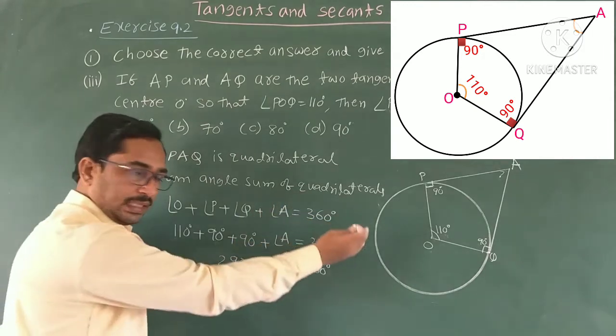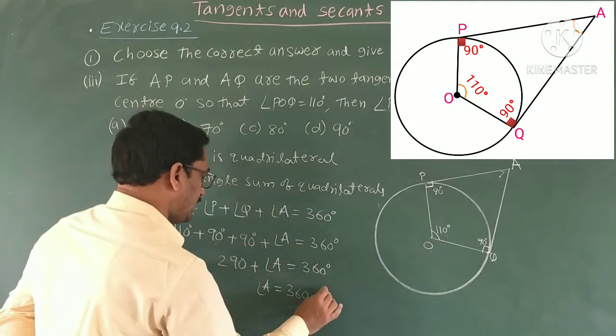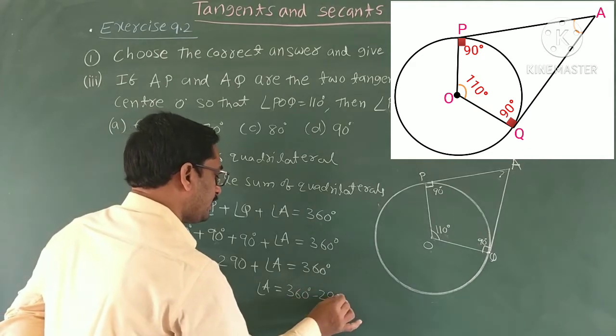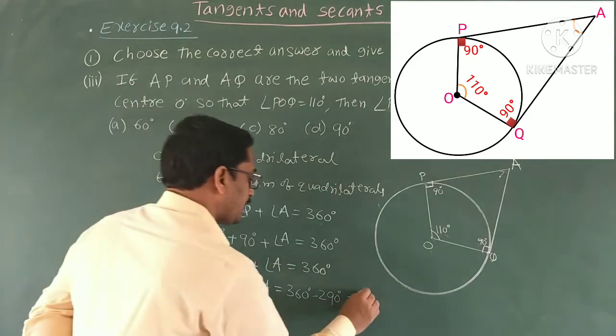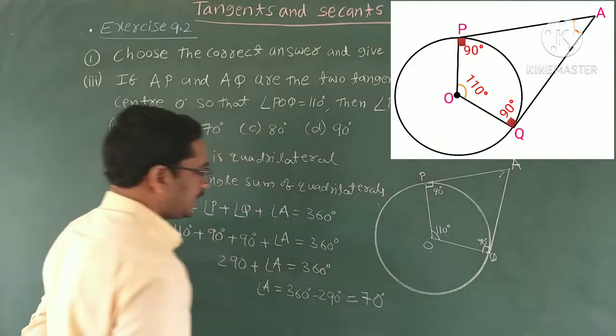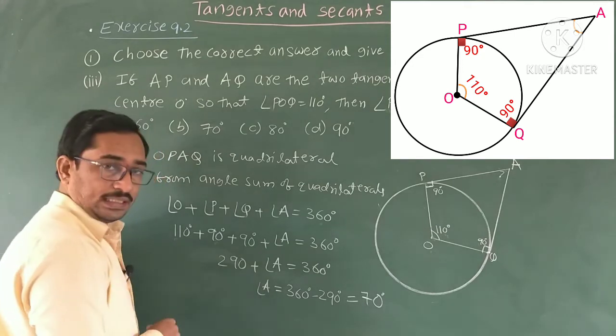Transposing 290 to the right side, angle A equals 360 minus 290, which is 70. So angle at A is 70 degrees.